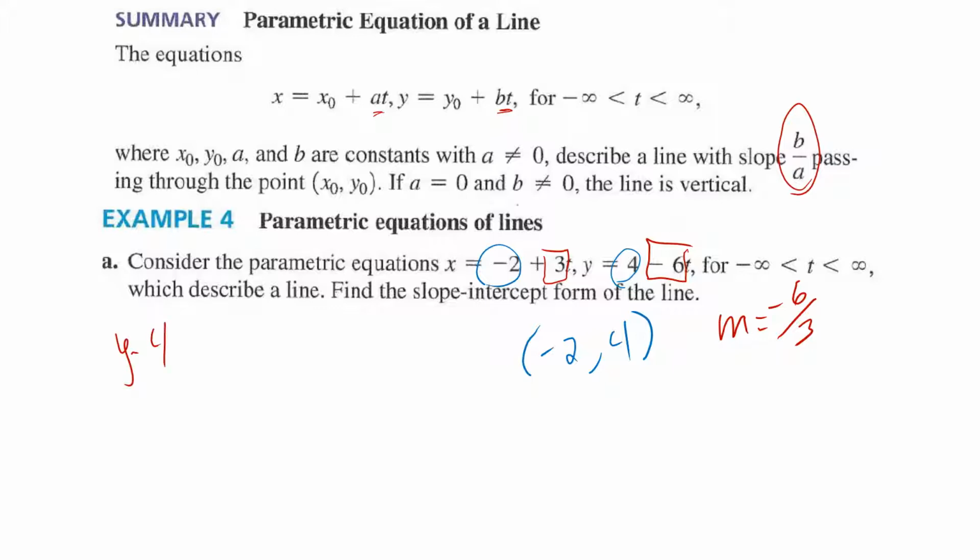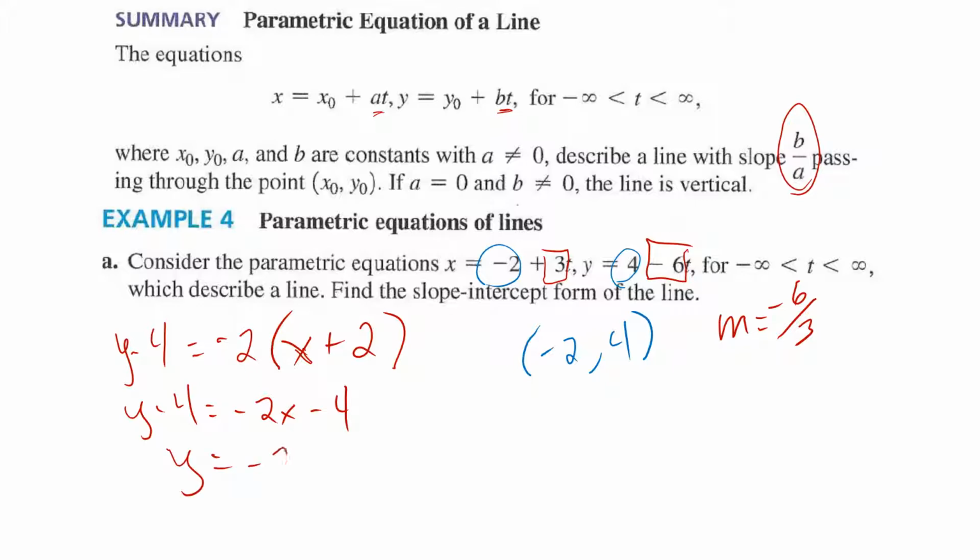And so we just put that into point slope form to begin with. Y minus the y part of the point equals slope, -6 over 3 is just going to be -2, times x minus the x part of the point. So -2 becomes +2. Distribute that -2: -2x minus 4. Add the 4 over. Y equals -2x. 4's cancel.